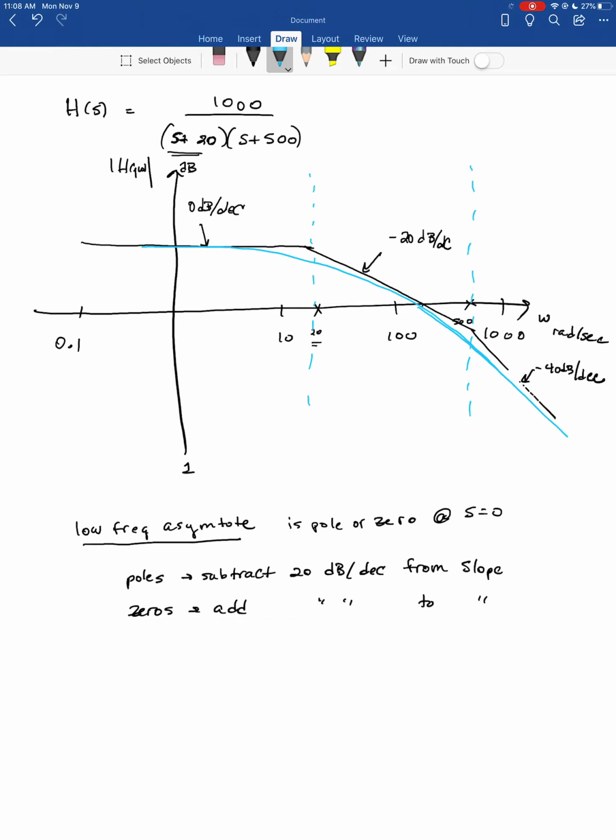We have to figure out the labels on the vertical axis. So in a case like this, where we have a low frequency asymptote, the easiest thing to do is, what we're doing here is we're trying to calculate the vertical location of our plot.